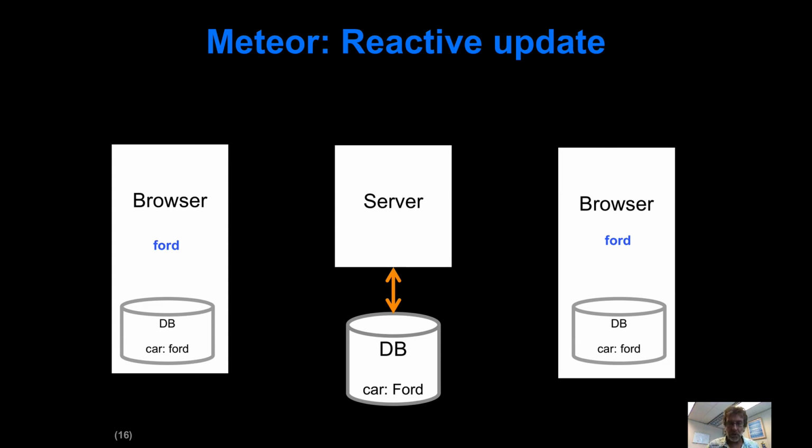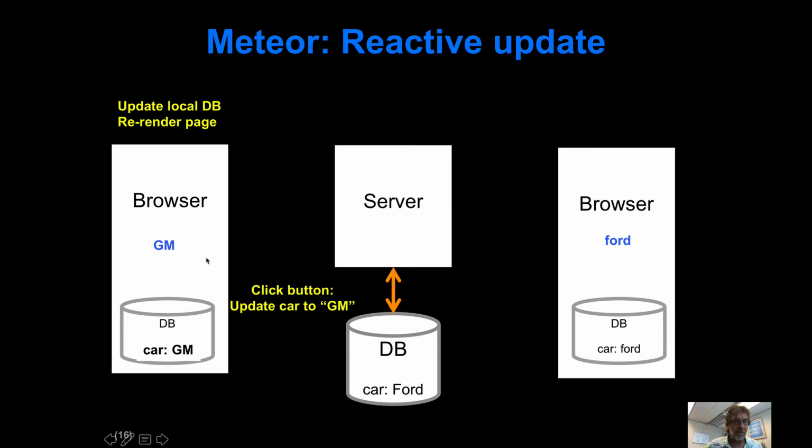So what happens if inside this browser they want to click a button to update car from Ford to General Motors? That browser gets its database changed, and then the value displayed in that browser is General Motors. That's good, but no one else knows about it.